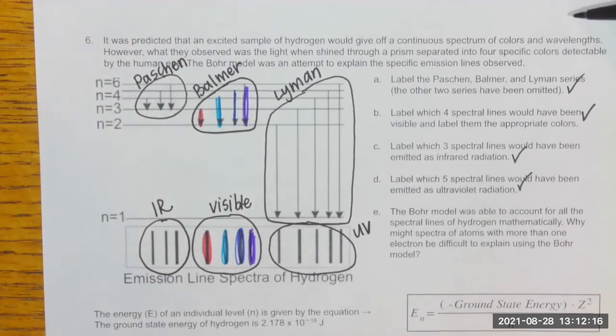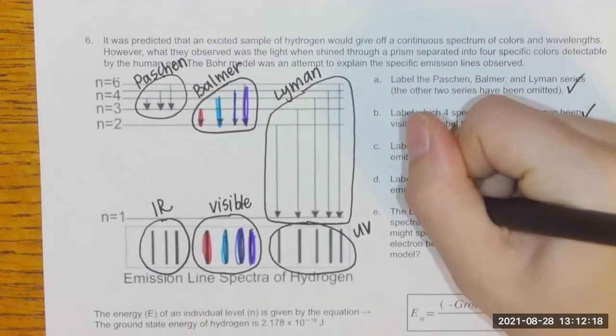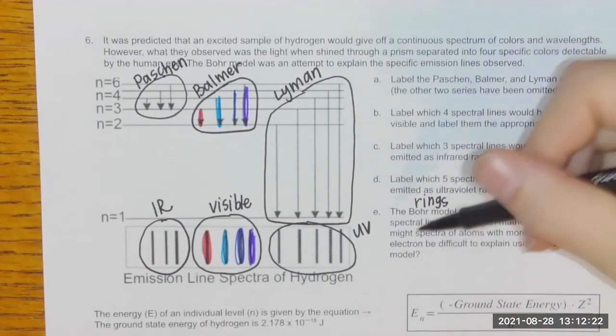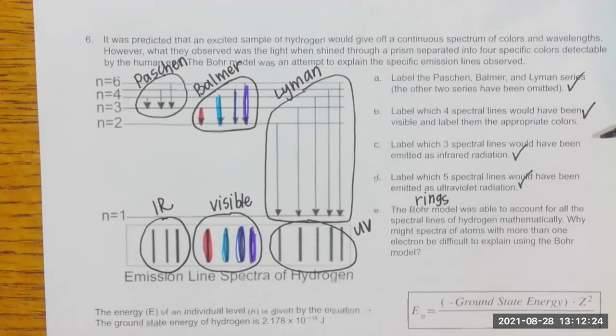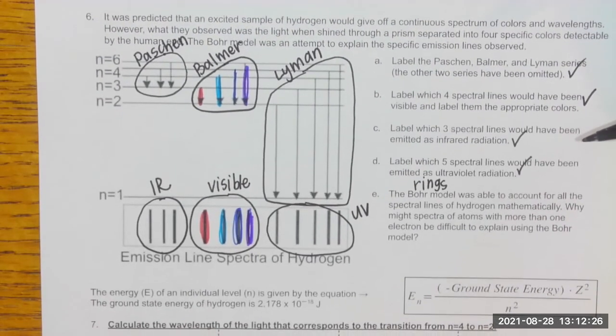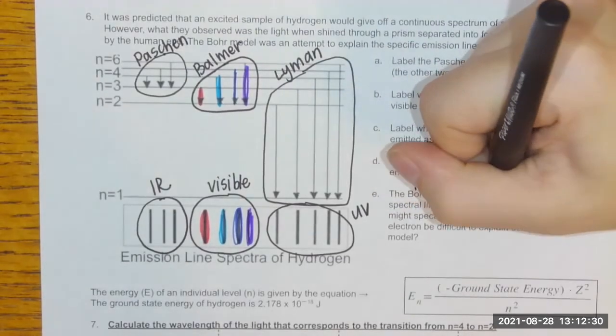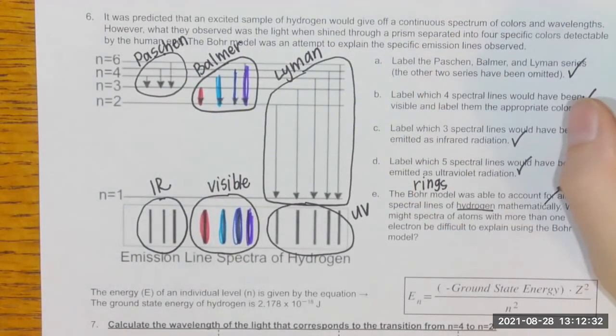The Bohr model, aka this idea that the electrons are moving up and down in the rings, was able to account for all of the spectral lines of hydrogen mathematically. This is what was on the front side of the homework.